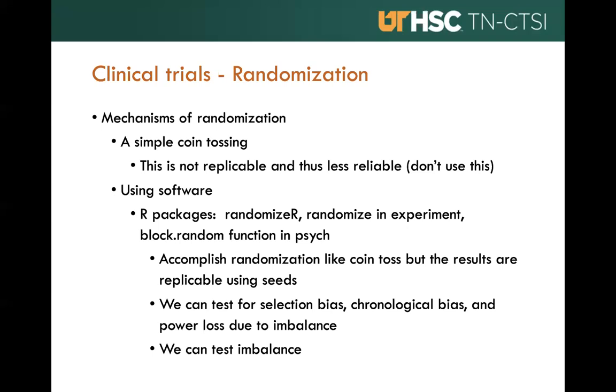This helps us to calculate the amount of bias due to selection bias or chronological bias, and the final statistical power that we can achieve based on the randomization that was conducted.